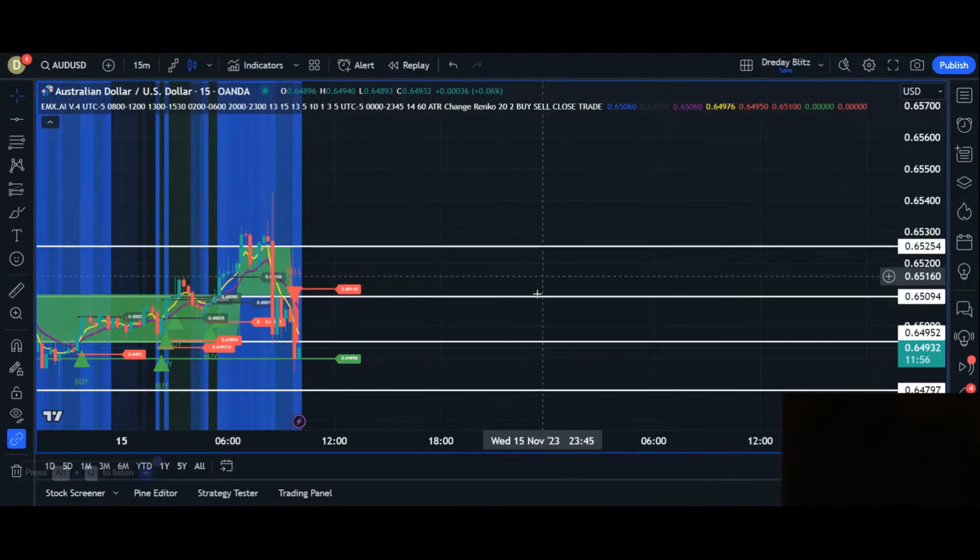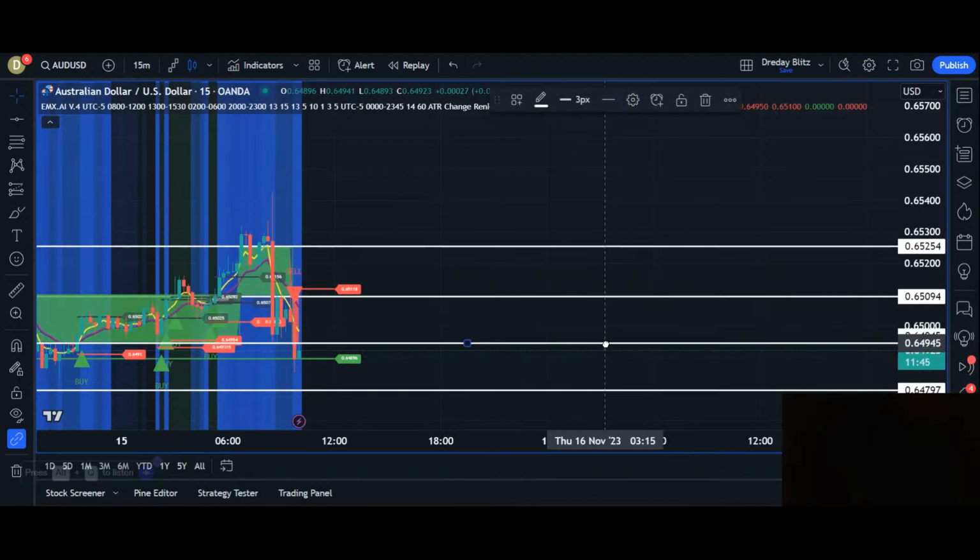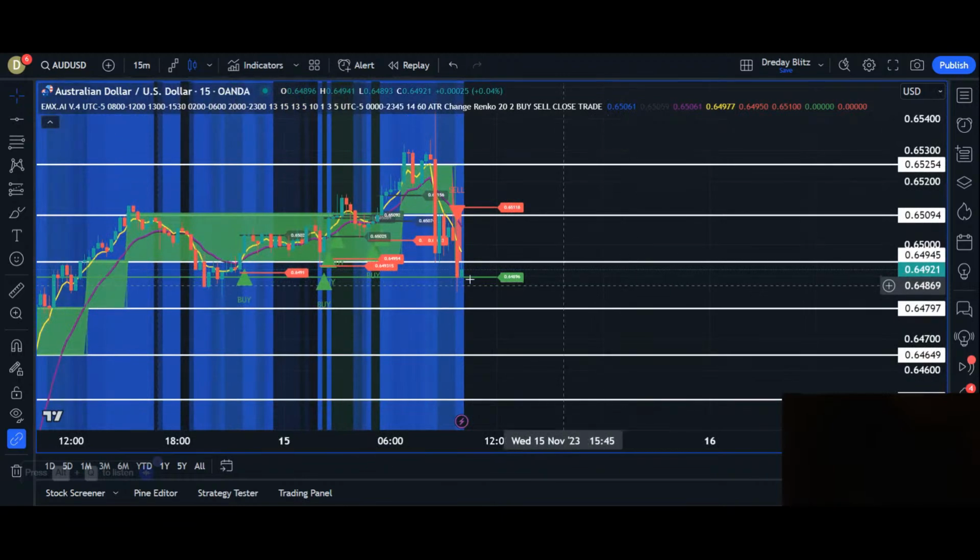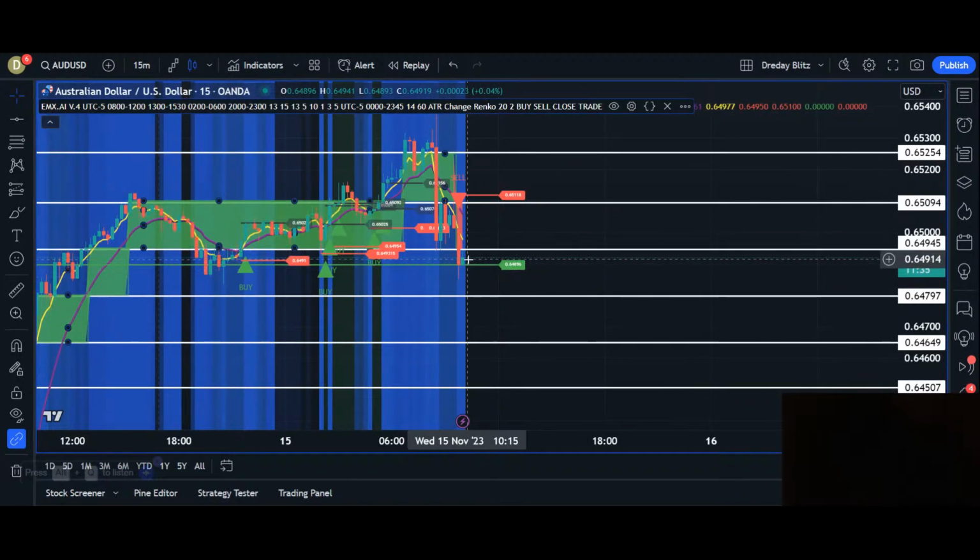So if it's switching to bullish, the price needs to be from here to here. But if it's still going down, the price needs to be from here to here, right? Right now, the price is within that zone. So we're waiting for the next Renko bar to be created, and it should plot a Renko bar between those two prices.